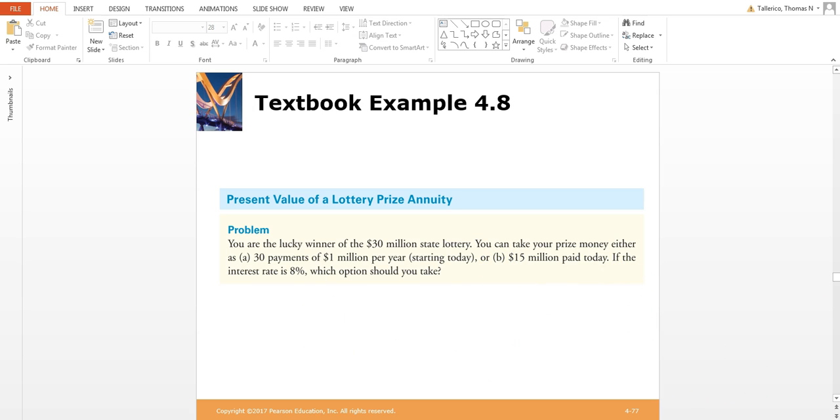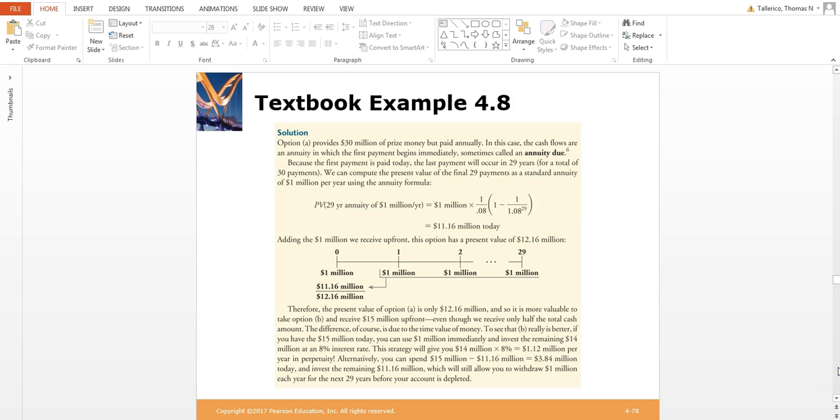And the interest rate is 8%. Right, so they go through all these slides and these equations here, and it comes up that the present value of the lotto payment comes out to $12.16 million. So you'd rather take the $15 million up front than the $12.16 million.